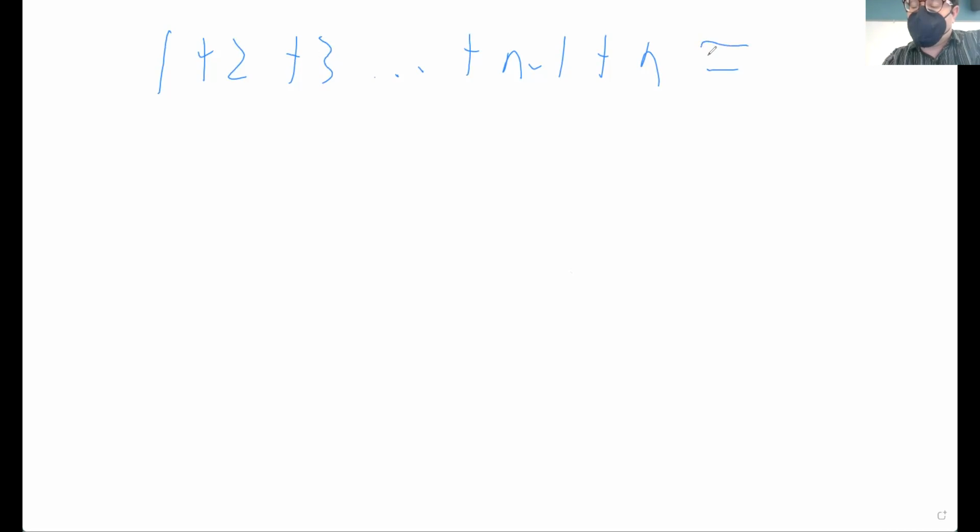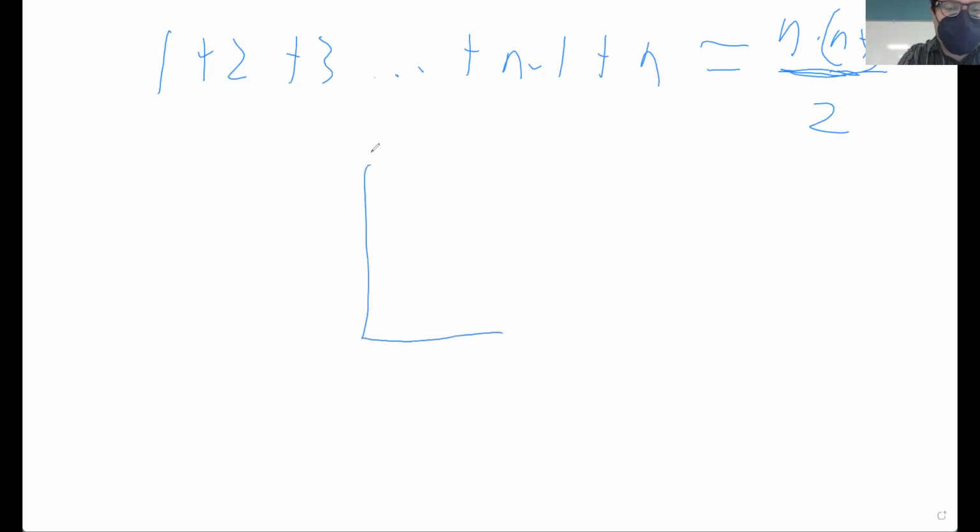And that formula is n times n - 1. Sorry, no, n times n + 1 over 2. Which, if you think about that, that's slightly more than half the area of a square. That's n by n, right? We've got an n by n square, right?